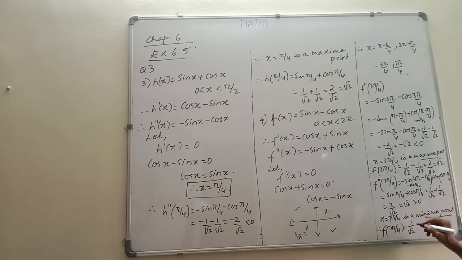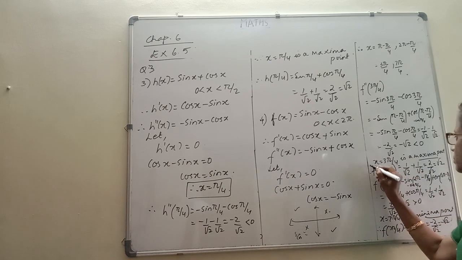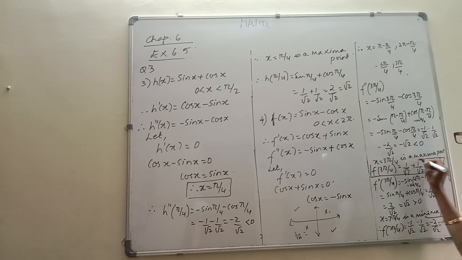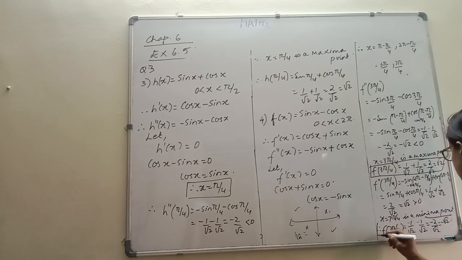So let me keep the negative: it is minus 1 over root 2, and minus cos, so that's again minus 1 over root 2. It's going to be minus 2 over root 2, which is negative root 2 as the value of the function. So this is the minima value here, and the maxima value is for the other one.